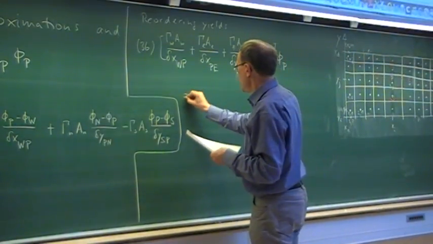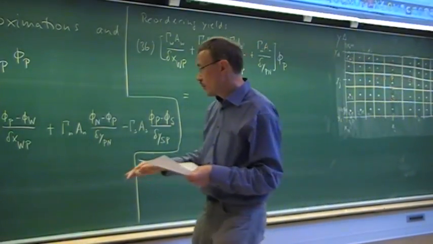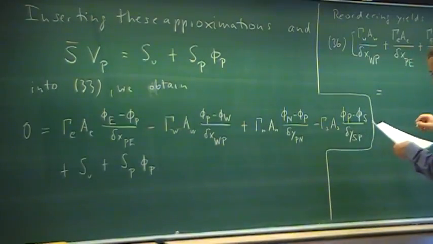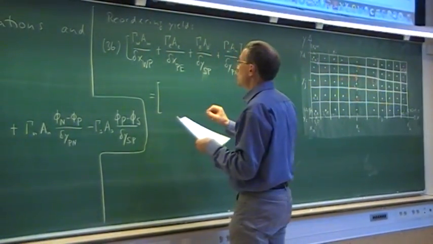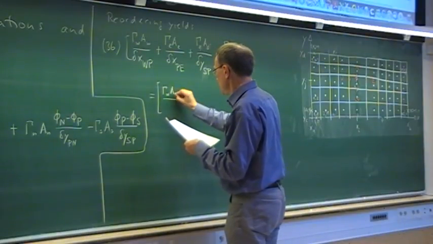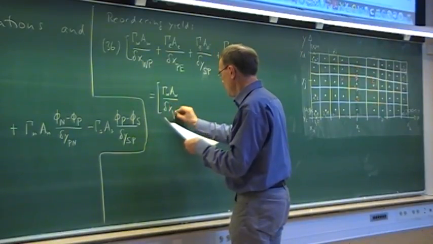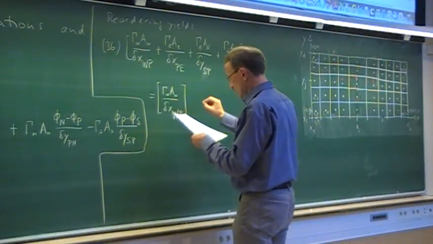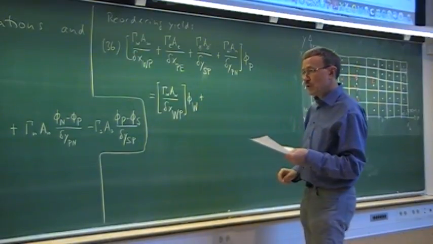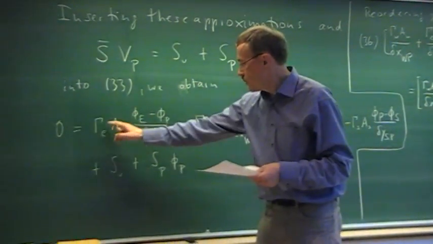On the right-hand side, we have now the rest. And if we start with the western contribution, we'll see we get here a minus minus. That gives us a plus. So that gives us then the gamma little w, the area at this phase little w divided by the distance between W and P. And that is multiplied by phi W. Then we have the contribution from the east, that is at the very beginning here, so this contribution here.